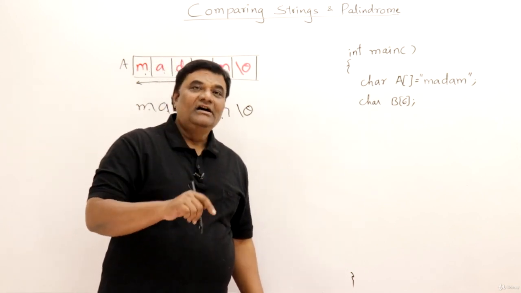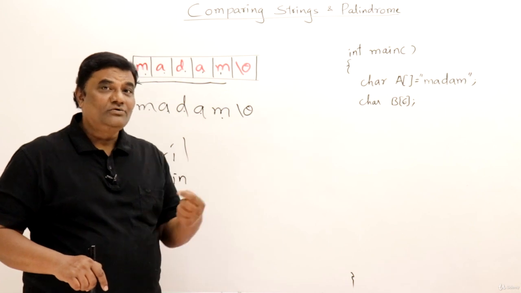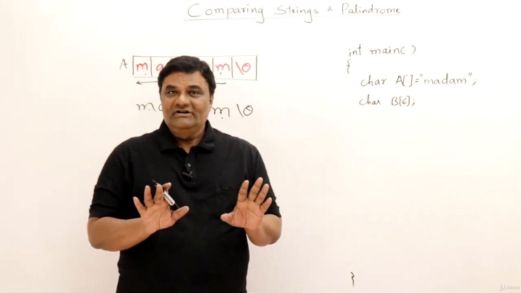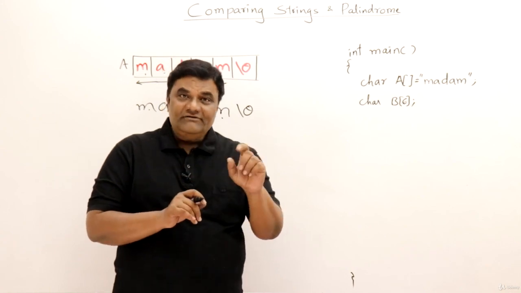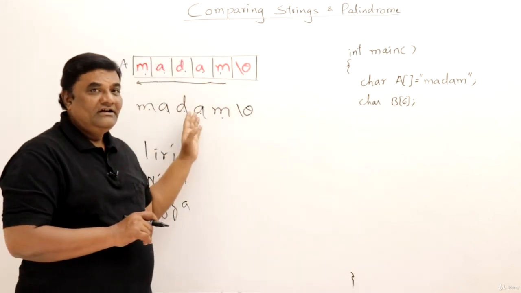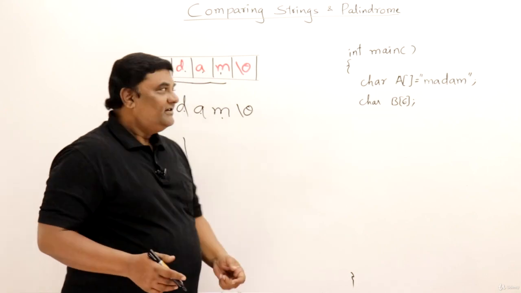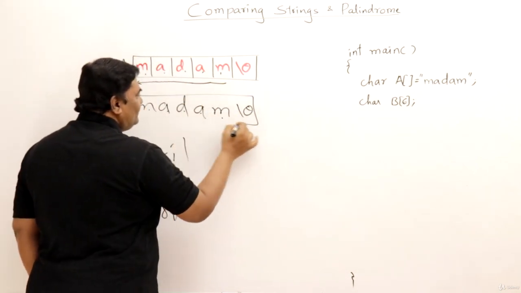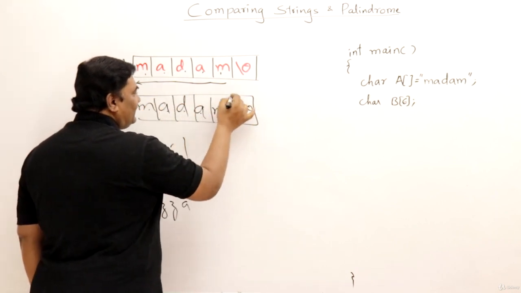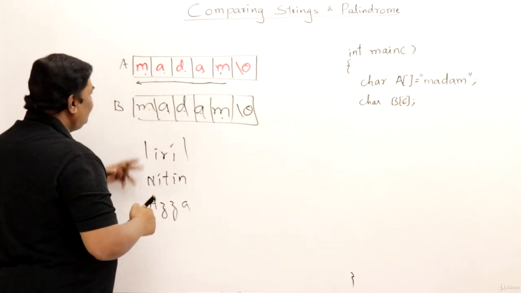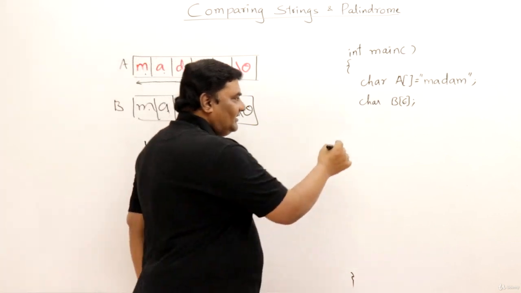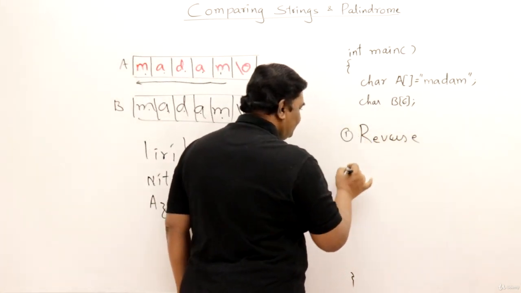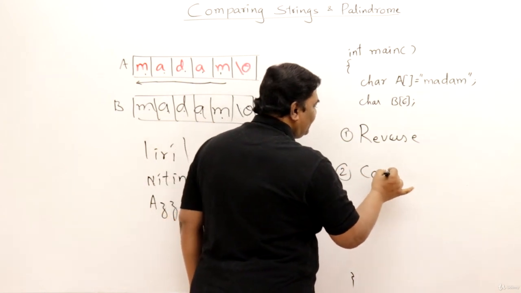We have already seen how to compare two strings and how to know whether they are equal or the first one is greater or smaller. We don't want greater or smaller, we want to know whether they are equal or not. So you take an array A and an array B. In B you copy these elements from A in reverse, then compare them. So the first step is reverse and the second is compare.